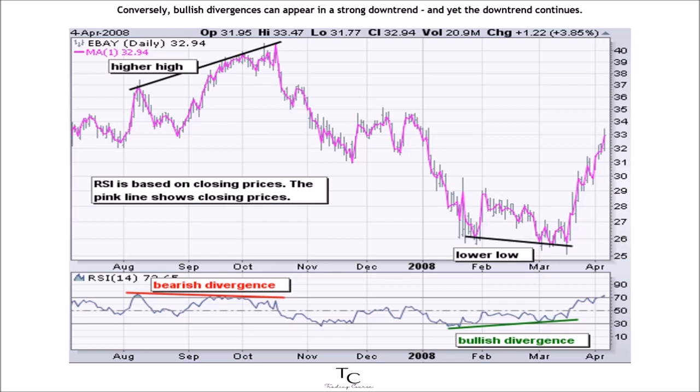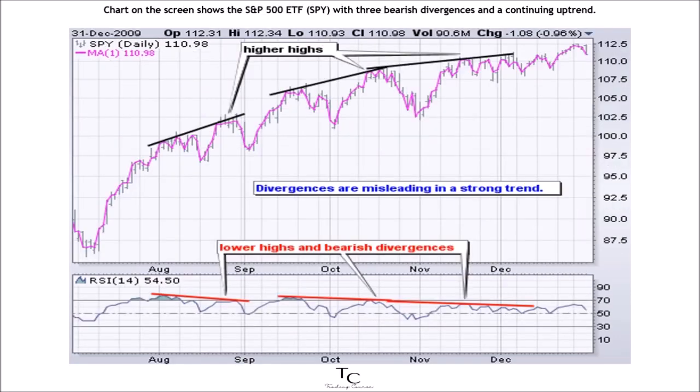Conversely, bullish divergences can appear in a strong downtrend, and yet the downtrend continues. The chart on the screen shows the S&P 500 ETF with 3 bearish divergences and a continuing uptrend. These bearish divergences may have warned of a short-term pullback, but there was clearly no major trend reversal.